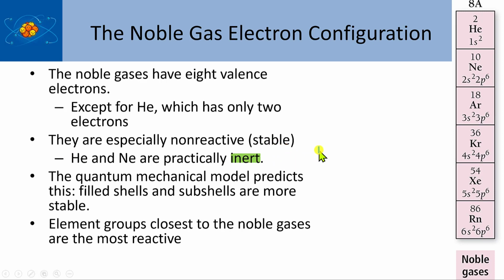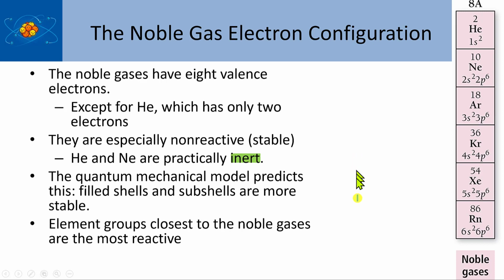But what that really means when something is inert is that they're happy where they're at, so they're non-reactive because they're stable. Quantum mechanics actually makes this prediction because filled shells and subshells tend to be more stable, and the noble gas has both of its subshells filled to fill its valence shell, and that gives it its extra stability.